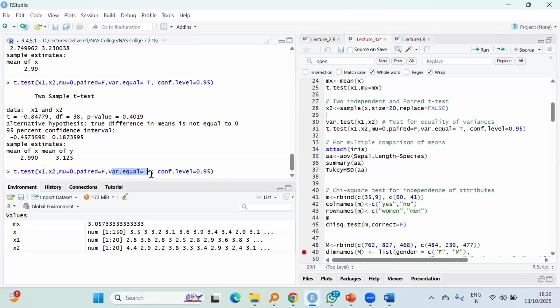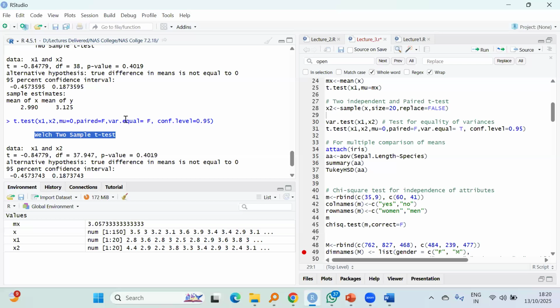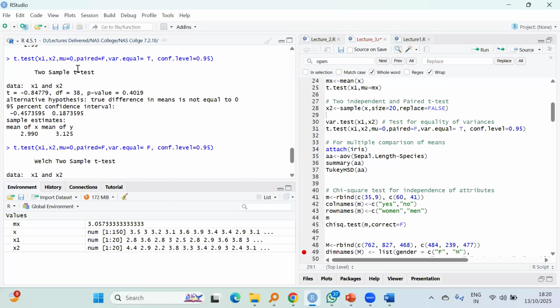This one, where dot equal to false. Normality is there but homogeneity is not, then just click OK. So in this case, just see the name, it will become the Welch 2 sample t-test. Before that it was the 2 sample t-test, and now it became the Welch 2 sample t-test.